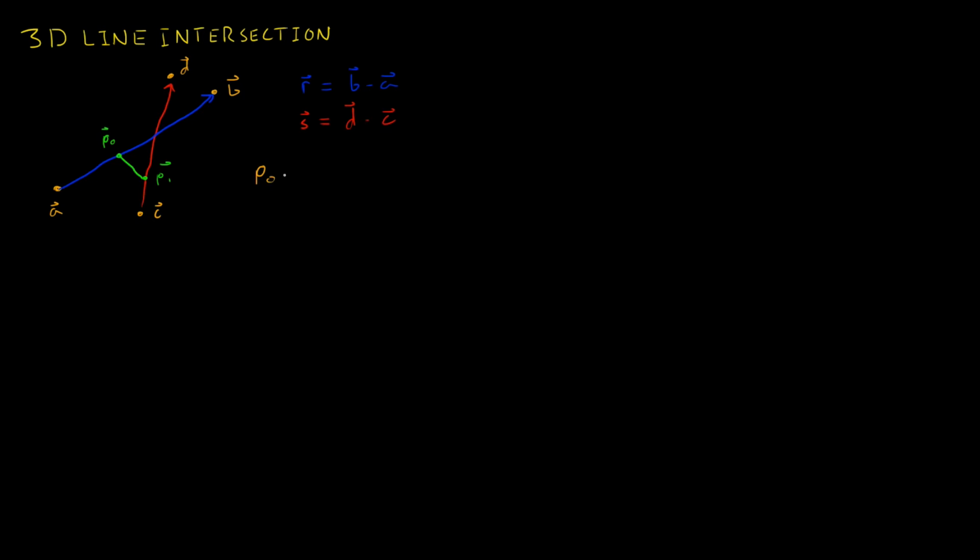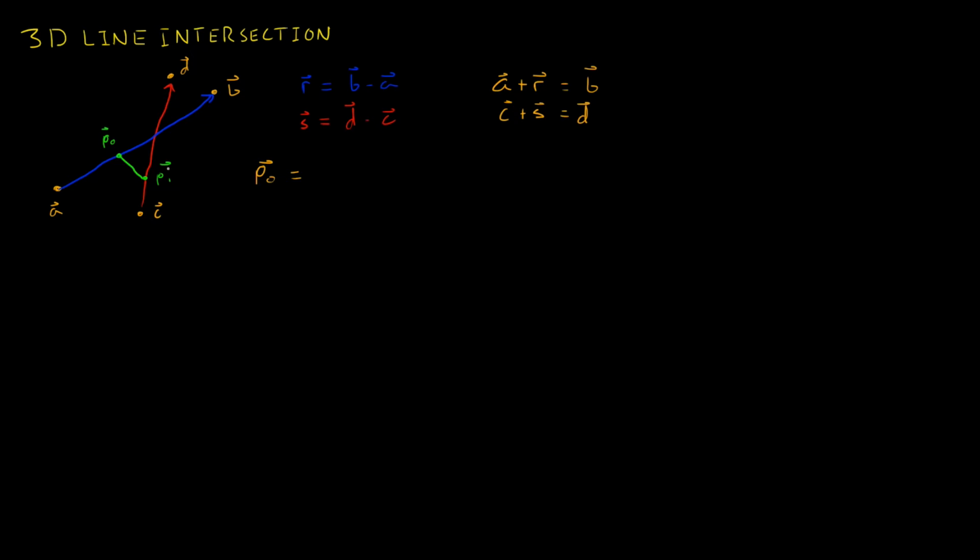So we're going to say P0, which is a vector, is going to be equal to, and we know that R is the direction between B minus A. So if we were to say A plus R, we get ourselves B. And same thing here if we were to do C plus S. So C, and I suppose these are vectors, C plus S is equal to D. And so therefore, if we were to scale R or S by some scalar values, we can get really any point along these lines.